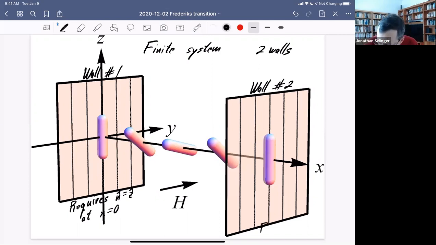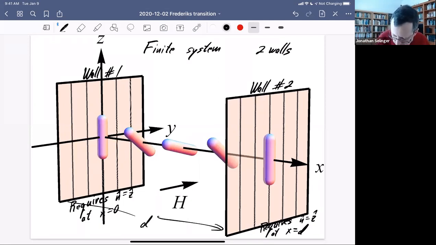And this wall requires n in the z direction at x equals D. Okay, so it's a cell with some thickness D between the walls. So both of the walls require the director to be in the z direction. Maybe the director will just be in the z direction everywhere. That would be a nice, simple configuration.